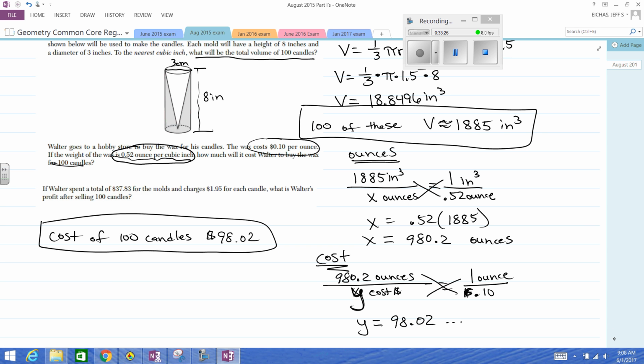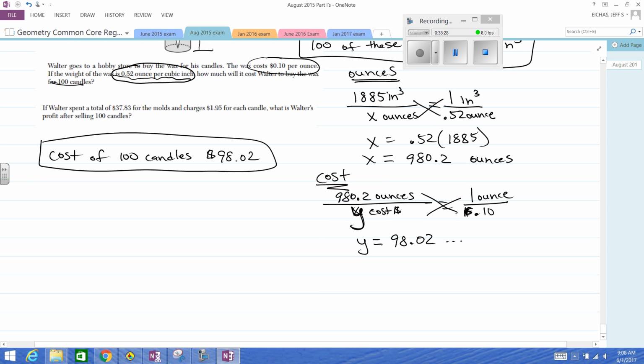There's more. Oh boy. Okay, so he spent $37 on the molds and charges $1.95 profit. Okay, so the total profit is going to be revenue, what you bring in, minus the costs, the total cost. All right, so what's the revenue? It's $1.95 if he sells them all.